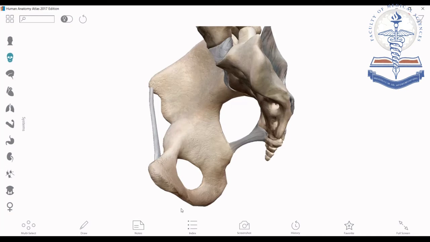But when there is a sacralization, where the fifth lumbar vertebra fuses with the sacrum, this inclination angle will increase to more than 55 degrees. When you have an increased angle of inclination, there will be a delay in engagement of the head of the fetus.